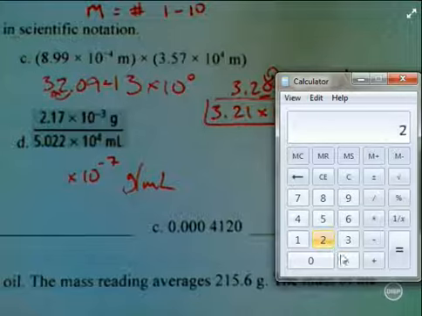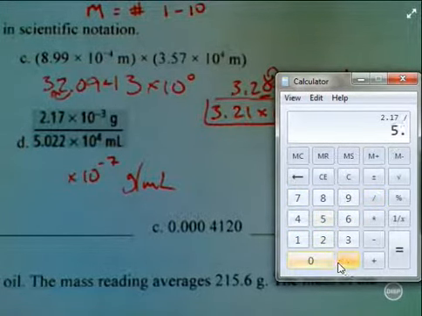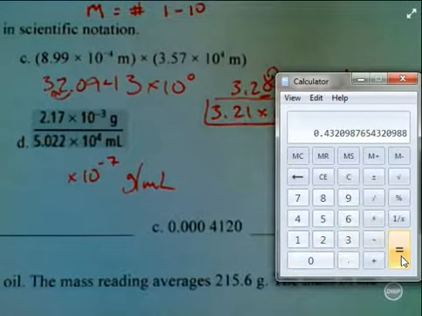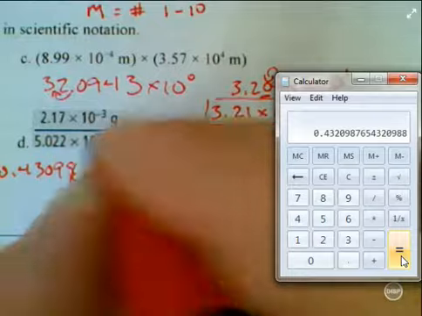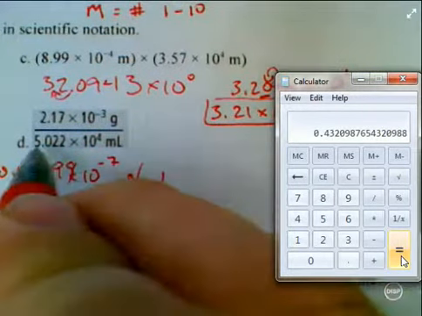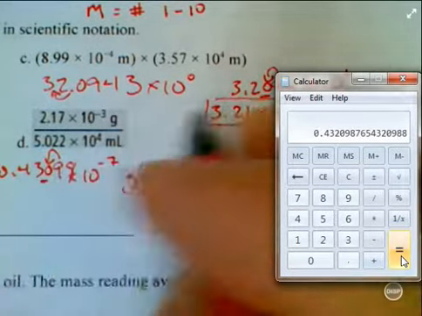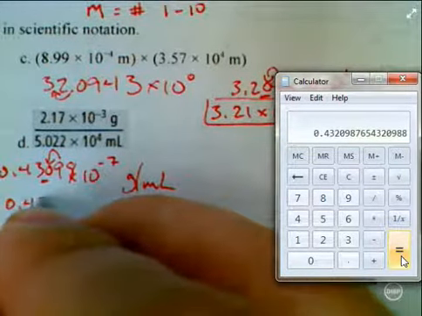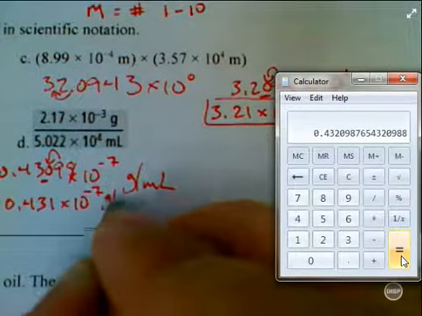But what's the coefficient? 2.17 divided by 5.022 is 0.43098. I will stop writing right there because it's clear that I only need 3 significant figures, which is right here. The 9 tells me to round up. So 0.431 times 10 to the negative 7.